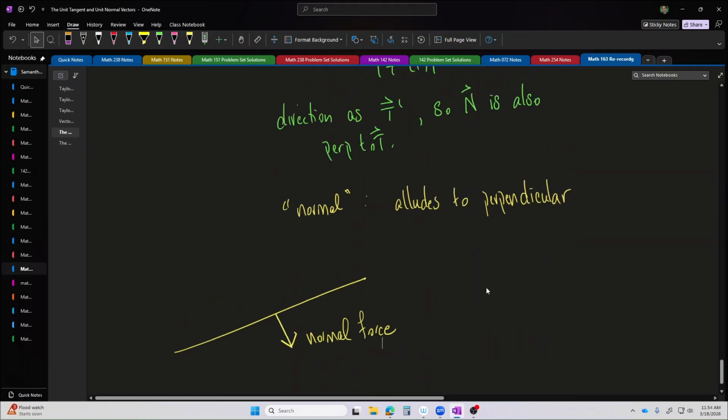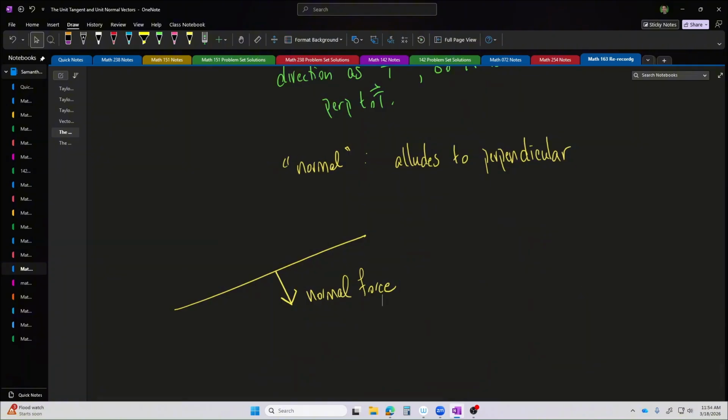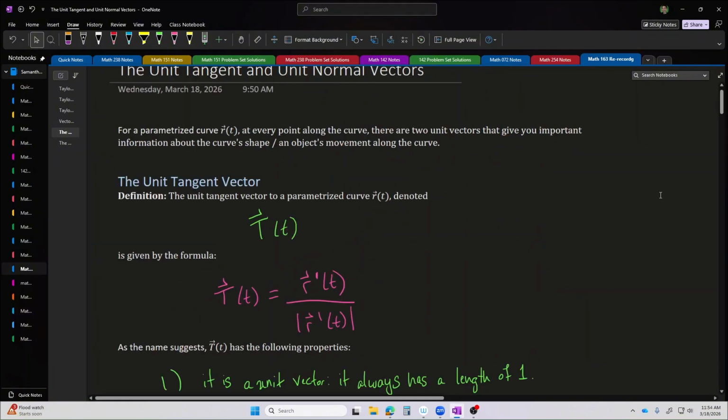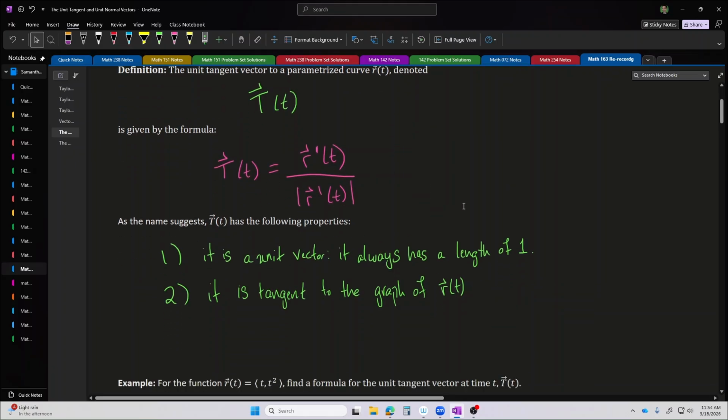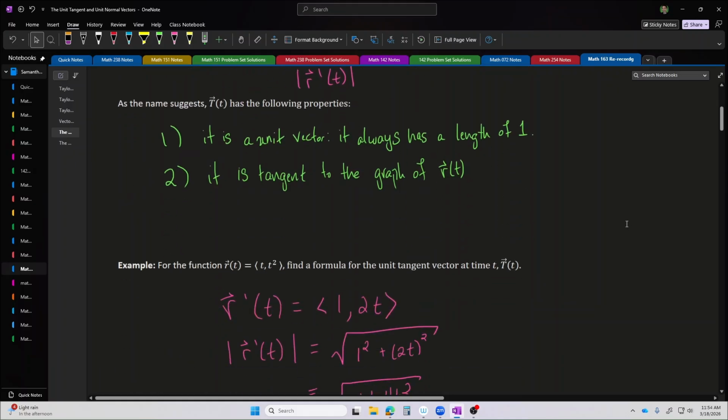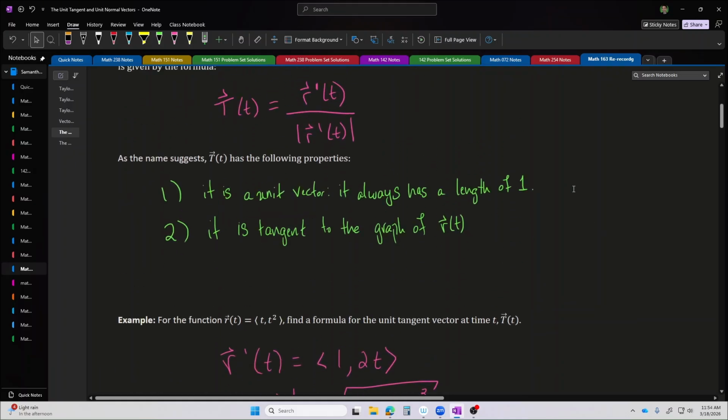So that concludes today's lesson, and that also concludes this glitched video. In this video, we talked about the unit tangent vector. It's defined as the velocity vector divided by the object's speed, and we also use that formula to calculate the unit tangent vector to a given graph.